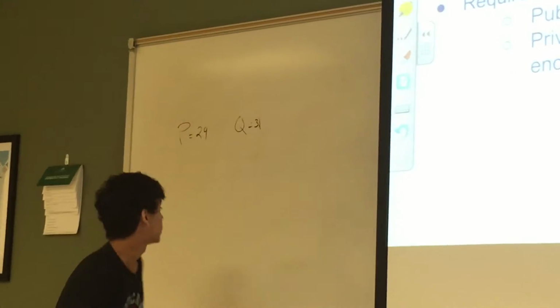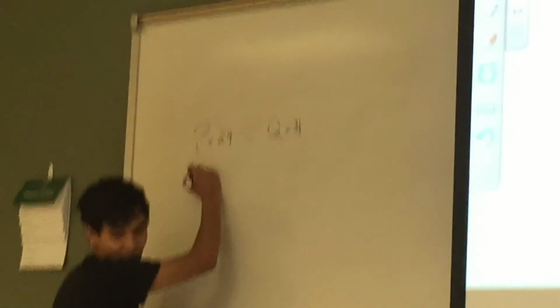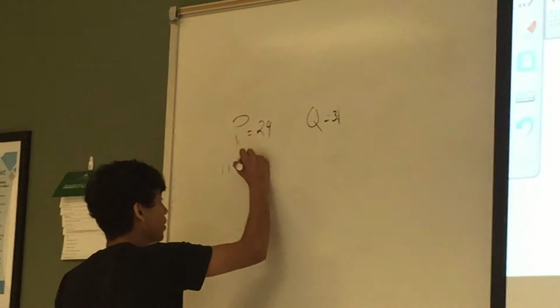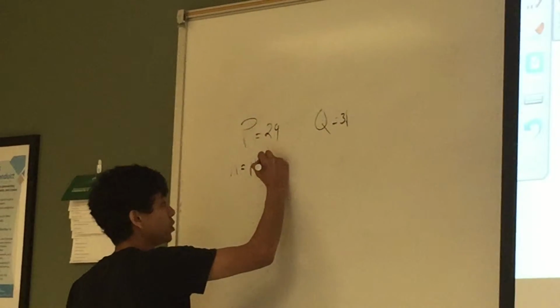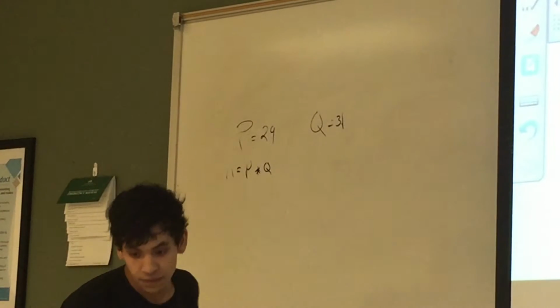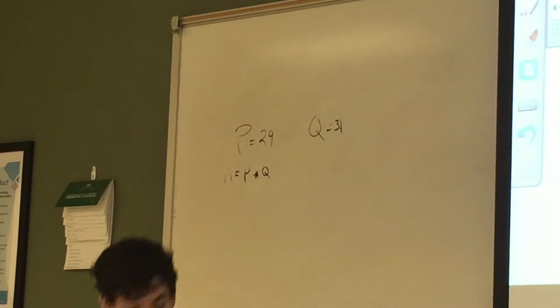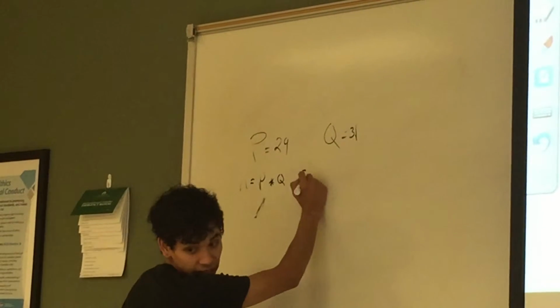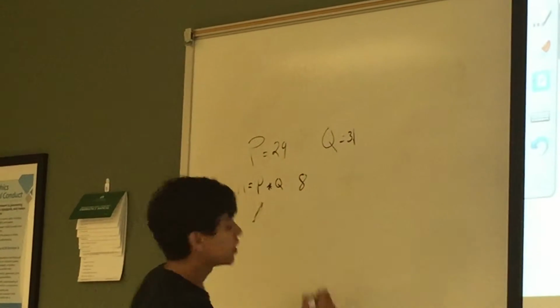Then you calculate P times Q to find N. And so 29 times 31 is 899.